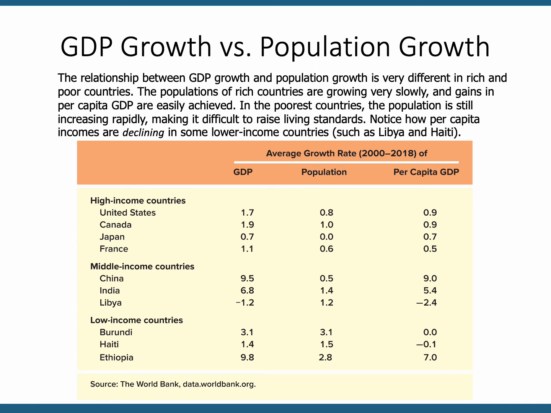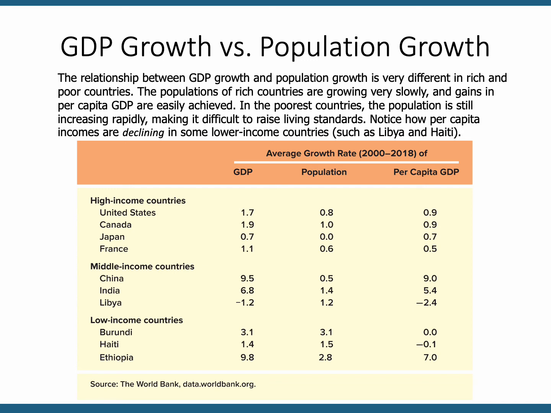Here's some more data that shows you how GDP per capita can increase over time. Now this data is for the period 2000 through 2018, so almost 20 years. And there was a big recession right in the middle of that span of years, 2008, 2009, the big downturn.